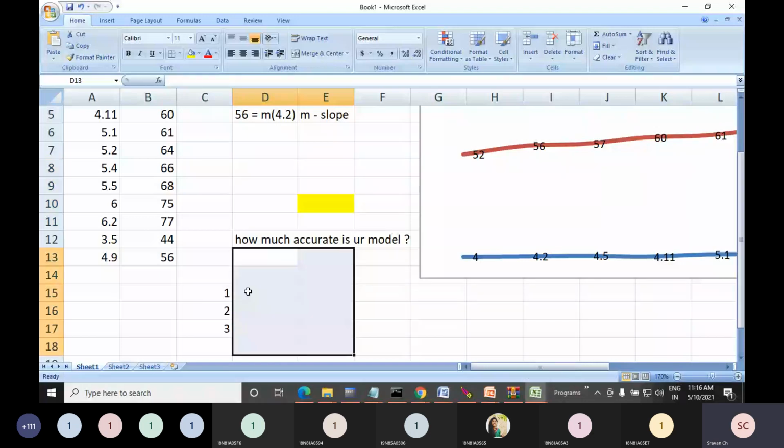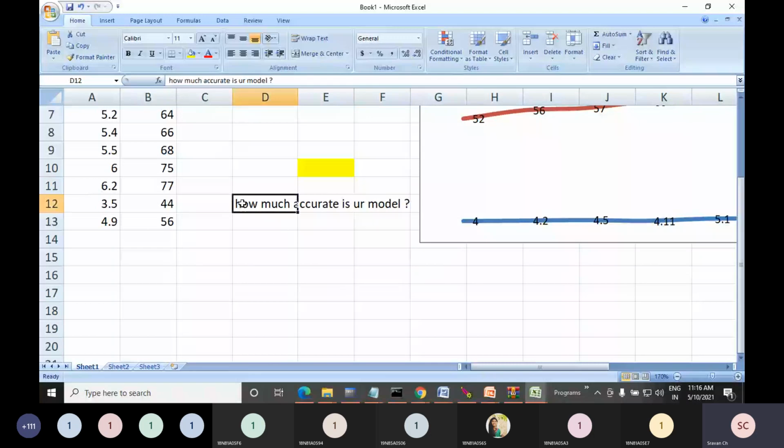Then I should say, no, no, it is accurate. If I say that, you will not accept me. I should talk in terms of percentages. 90% or 95% my model is accurate. Then it is up to you whether you accept my result or not.